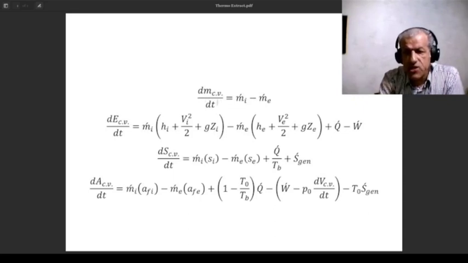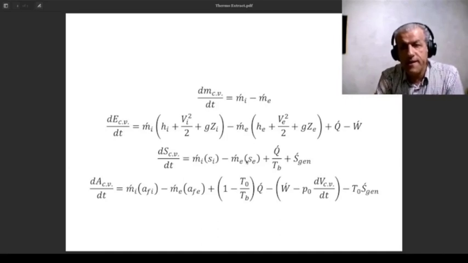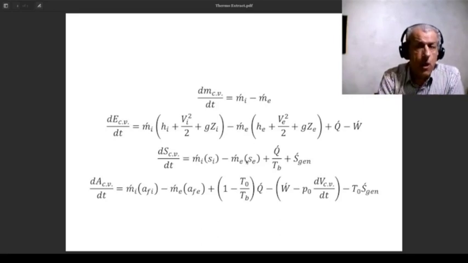It tells us that the change of a property inside the controlled volume or the boundary under study, whether it's a controlled volume or a system, is a function of that property going in and that property going out. So these terms are all point properties. And there are three further terms: heat transfer, work, and entropy generation.